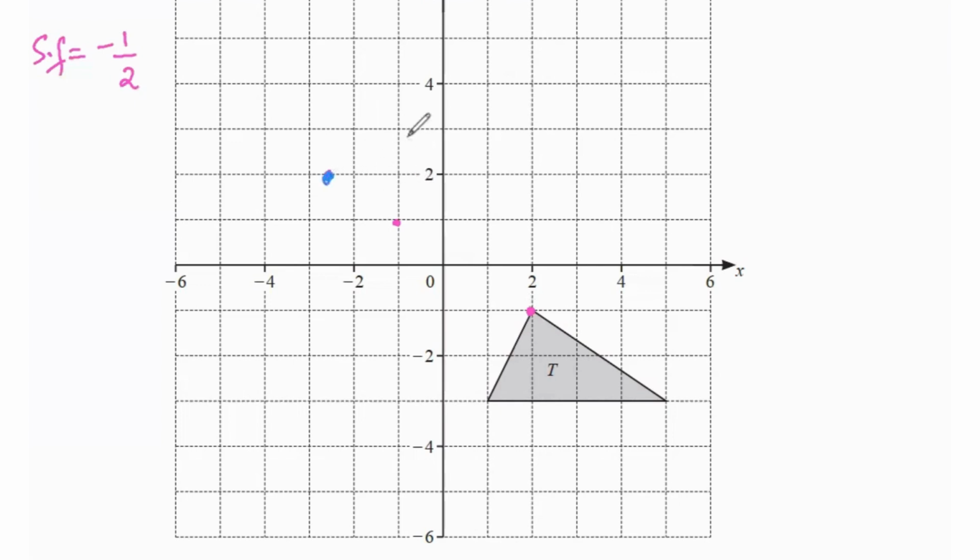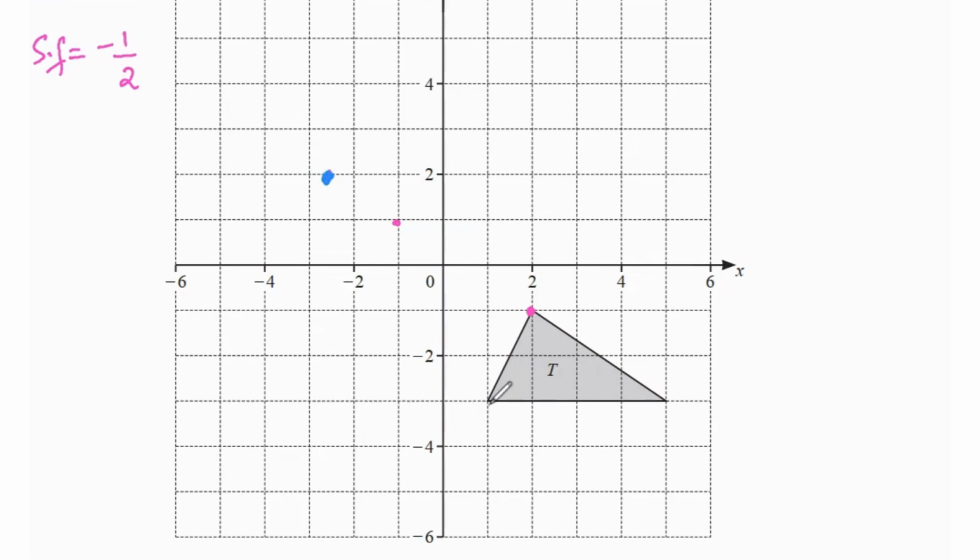Now, the reason why it's coming over here is because the scale factor is negative. It's going to be in the opposite direction of the center of enlargement. Hence, if the original shape is over here, opposite to that is over here. That's why this point is located over here once a scale factor of -1/2 is applied to that point.